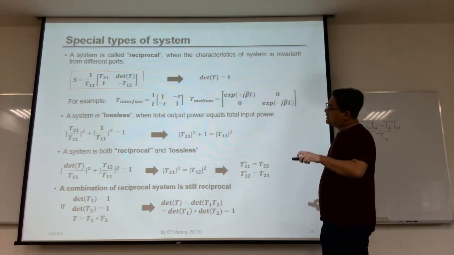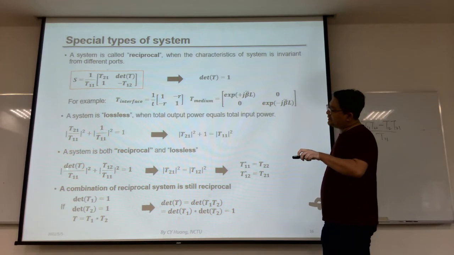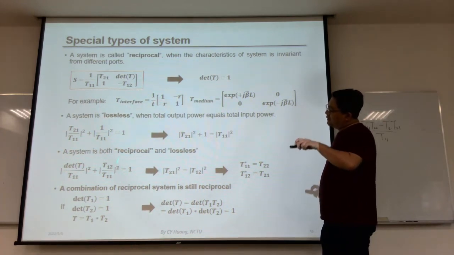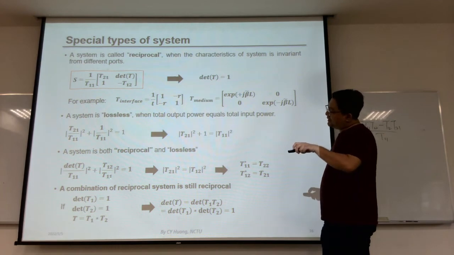So that means in the second row, T11 times determinant T divided by T11 squared plus T12 divided by T11 squared should be equal to 1.